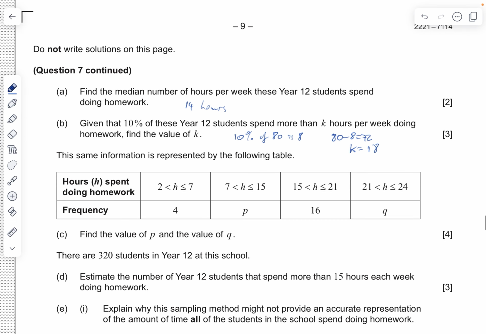So P equals 60, subtract 4 is 56. And then Q, we've got 80 altogether. So Q equals 80, subtract 16, subtract 60, because we said we've got our 60 here and the 16 here, which means I'm going to take 76 off 80. So that is 4.